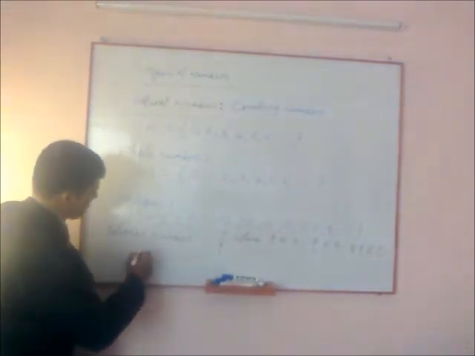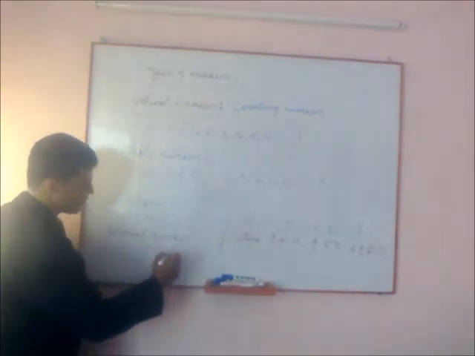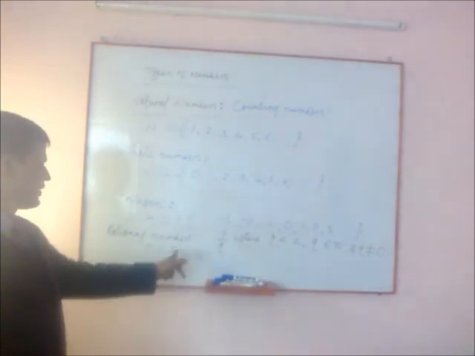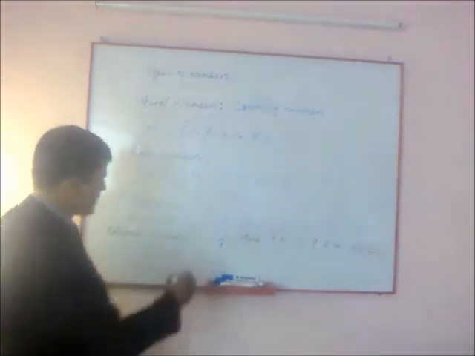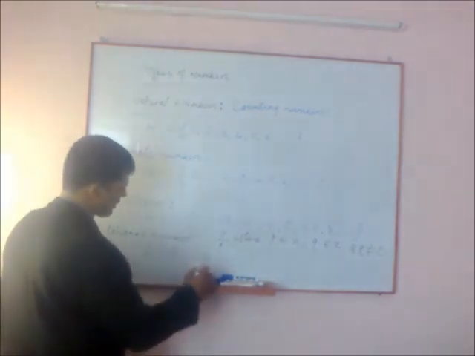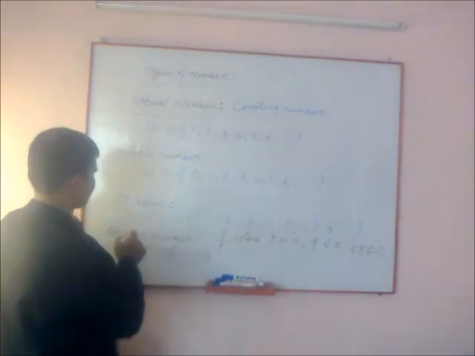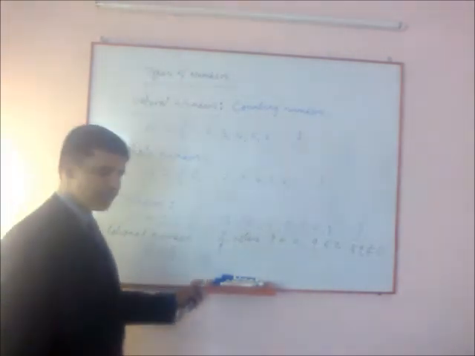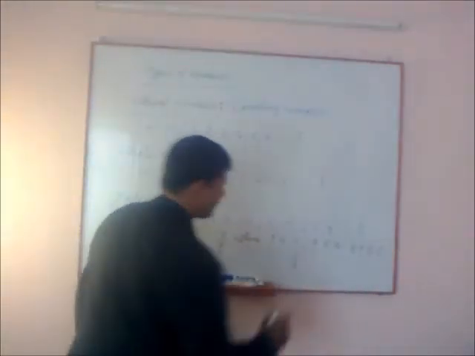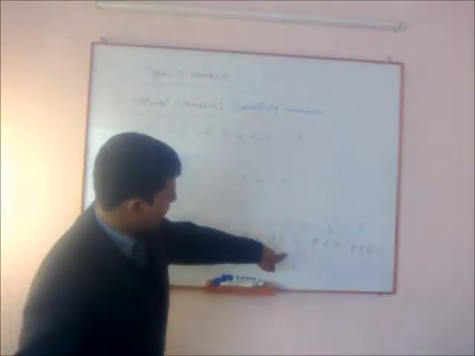For an example, 5 can be written in the form of p by q, that is 5 by 1, where 5 is also integer, 1 is also integer. So 5 is a rational number. -8, this is also an integer as well as rational number, because it can be written in the form of -8 by 1. 2 by 3, this is another rational number which is in the form of p by q.